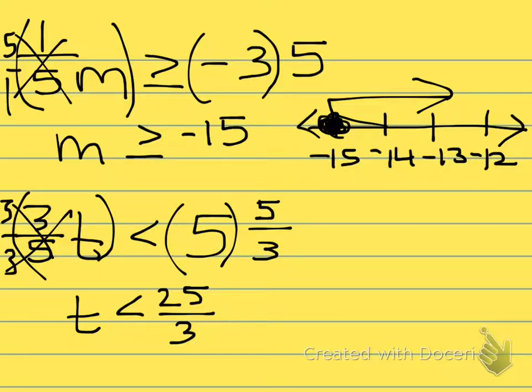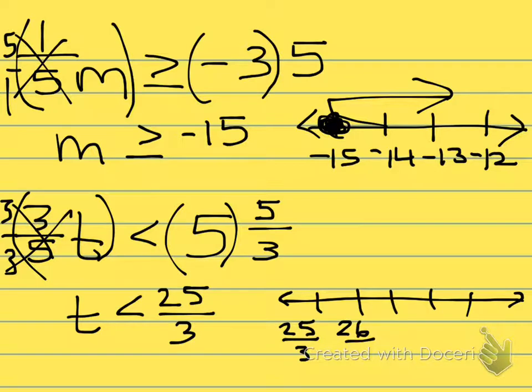Now, if I were to graph this and I have a fraction or a decimal, I would just need to make sure my numbers match my answer. So maybe go by thirds here. I could do 25 thirds, 26 thirds, 27 thirds, and just make each number a fraction.